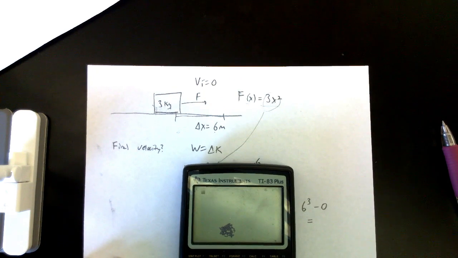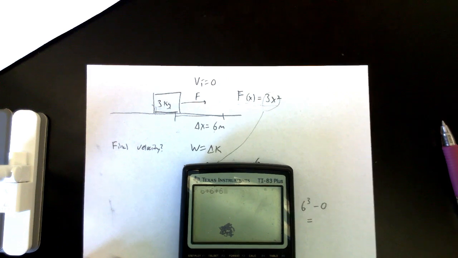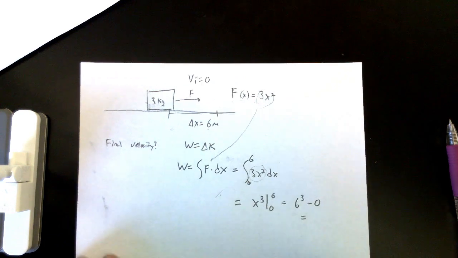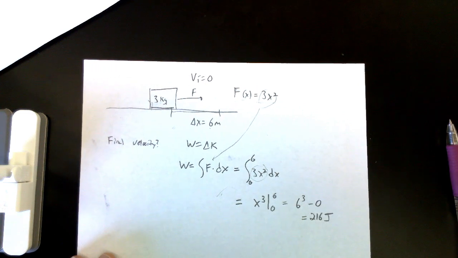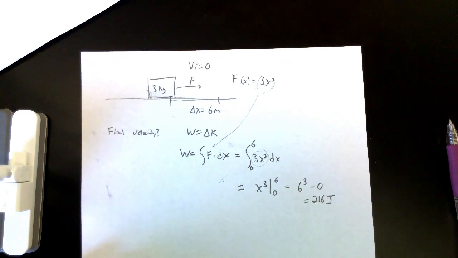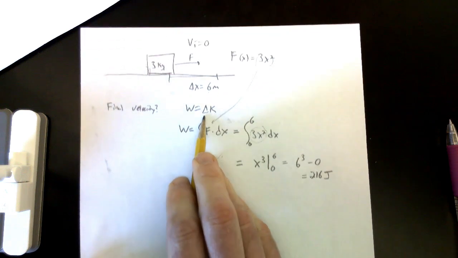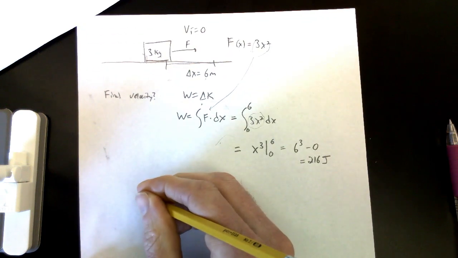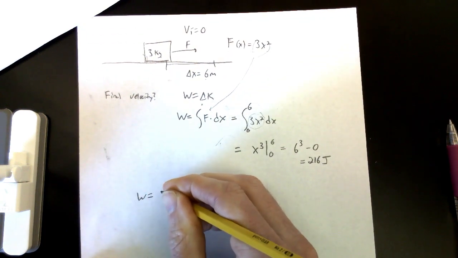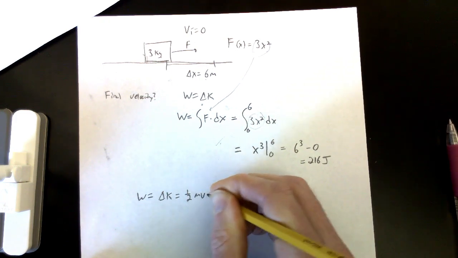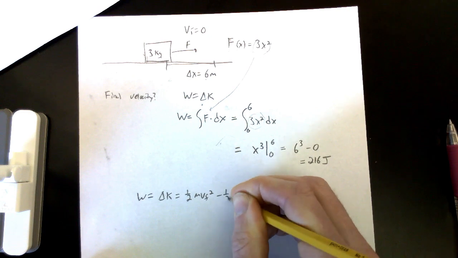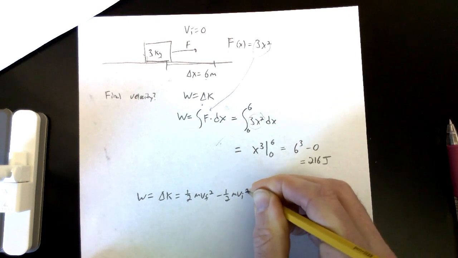I did it before. Let me see. 6 times 6 times 6, 216. 216 joules. Good. Now that we know the work, we can just use our good old work equals change in kinetic energy. That's 1/2 m v final squared minus 1/2 m v initial squared.